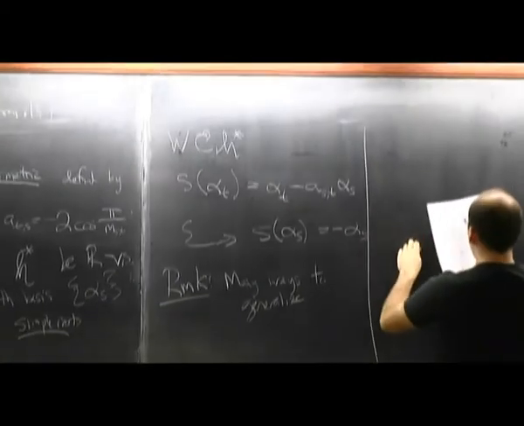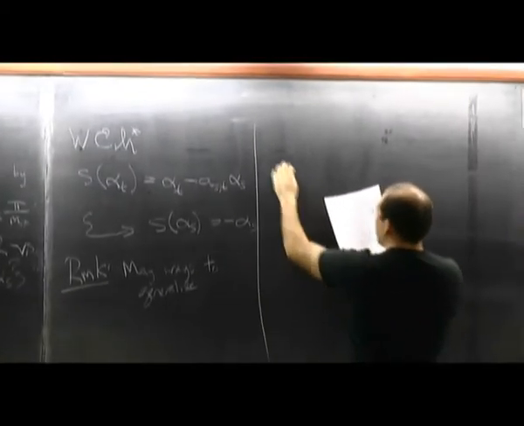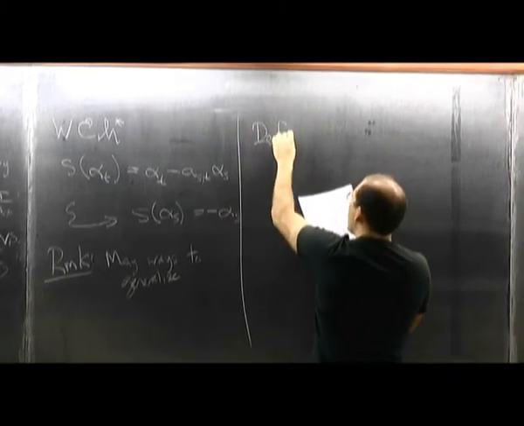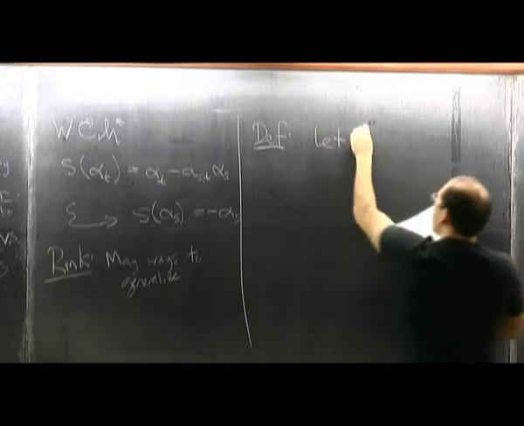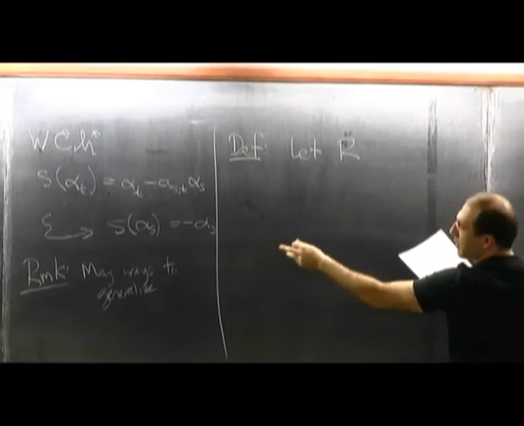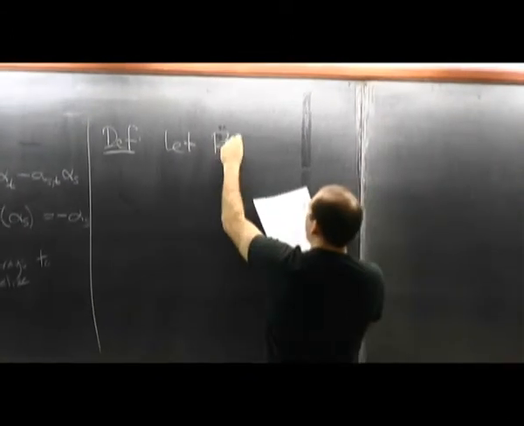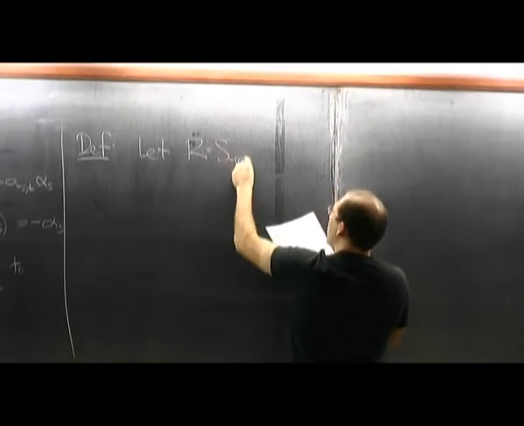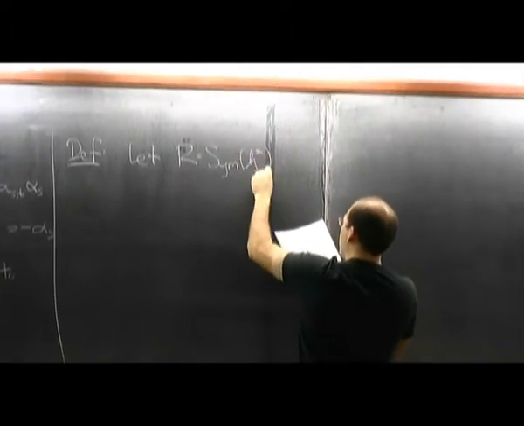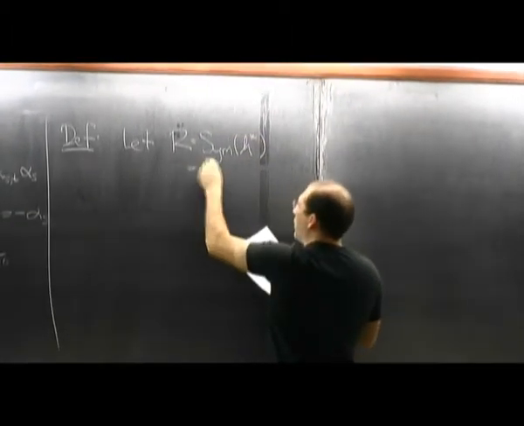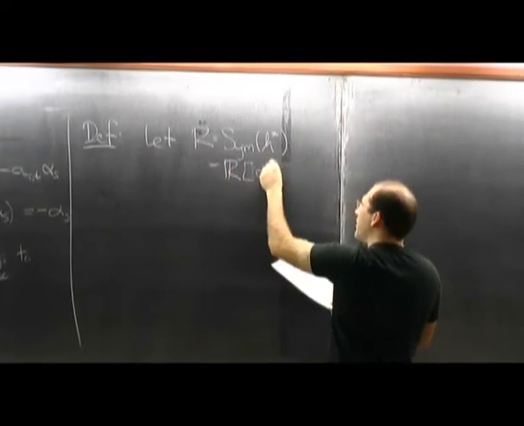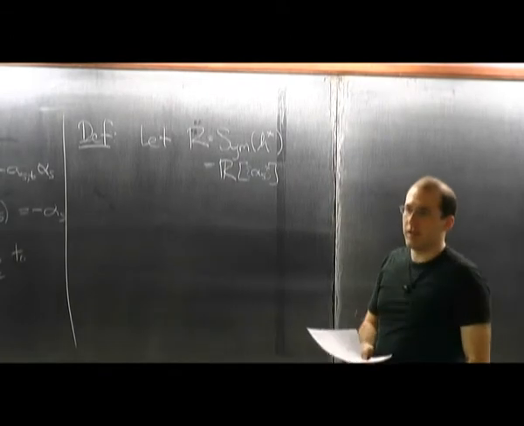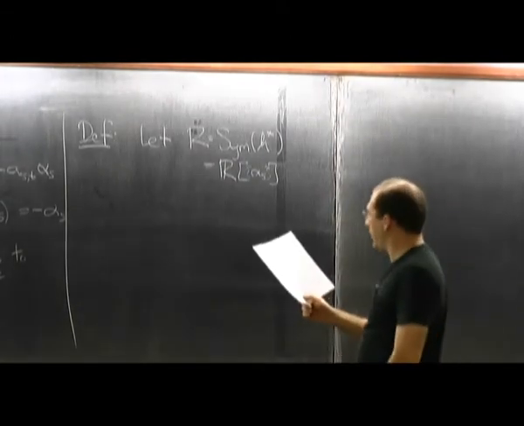Before I give an example, one more definition. Let R be the polynomial ring, the coordinate ring of h dual, or in other words, Sym of h dual. This is just a polynomial ring on the generators alpha_s. Just a free polynomial ring, very boring.